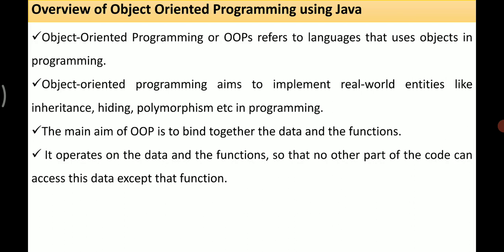The data will be accessed only by that particular function, and no other function can access that data. An object based application in Java is based on declaring classes and creating objects for them, and these objects interact with each other.